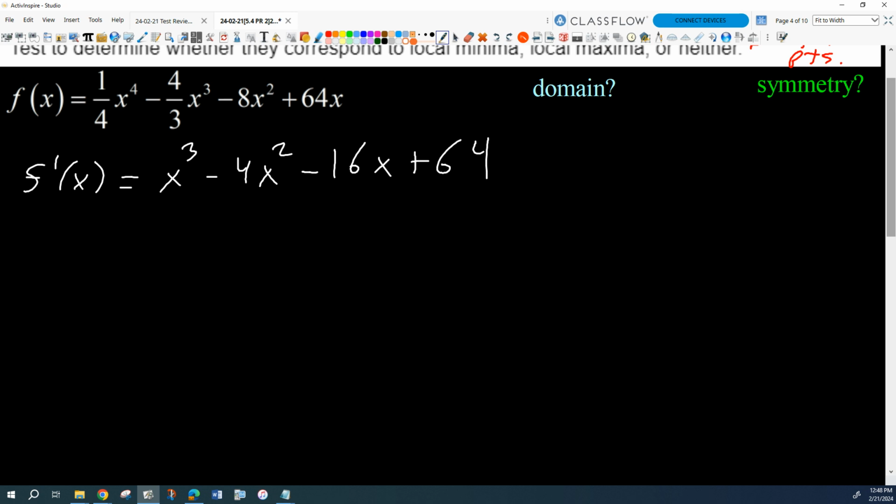No, it's a polynomial, right? Polynomials are nowhere undefined. Their domain is all real numbers, always. Okay, to find out where it's zero, though, we've got to solve the equation where our first derivative is equal to zero, right? And so, yeah, so this is good review, right? Let's review this.